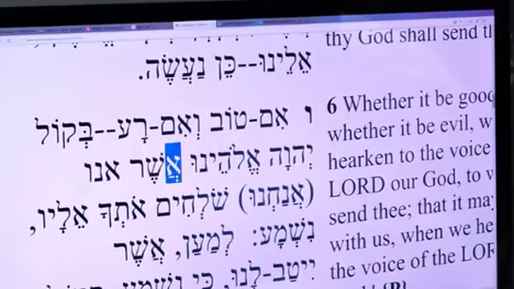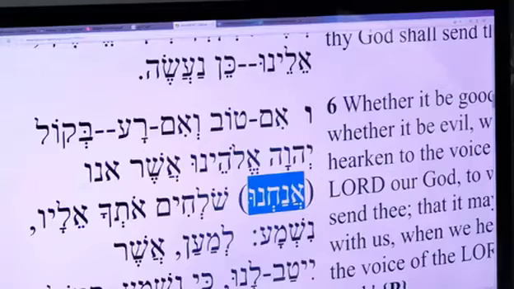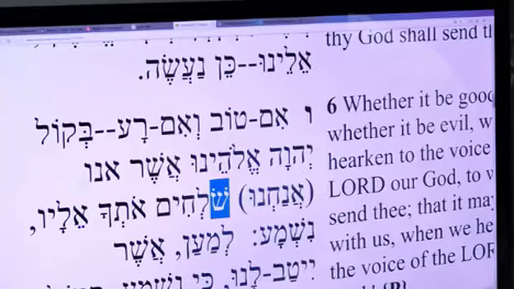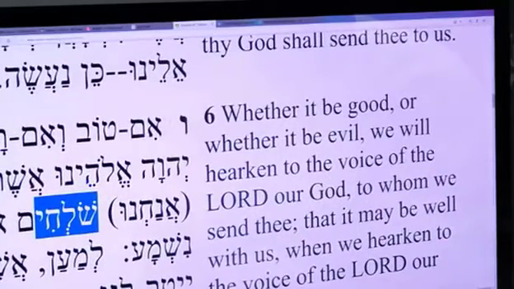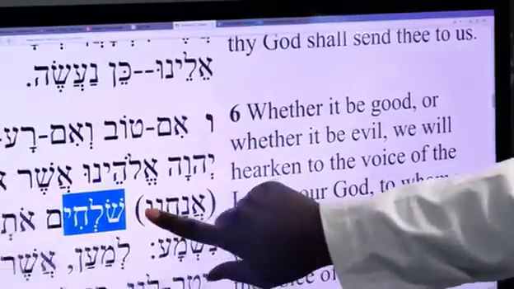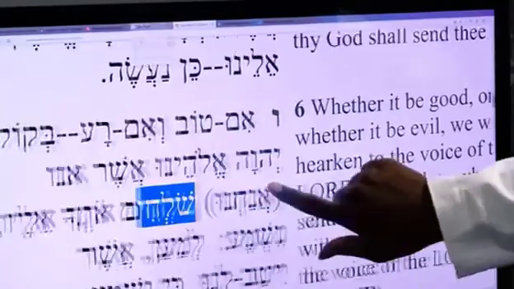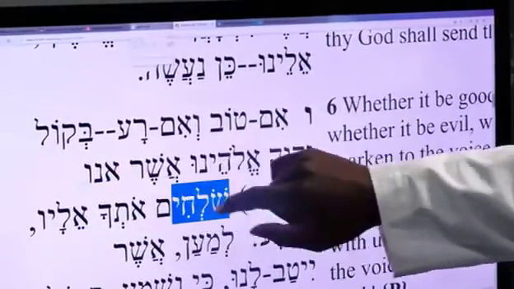We have asher, which means which. Anawa, we. And then we have anach nawa, which also means we, in brackets. Shalachnu, which means we send you. Okay, let me see how it's translated here. All right, so where it says we send thee, that's that word there. So again, we see an example of our pronoun that we covered today.